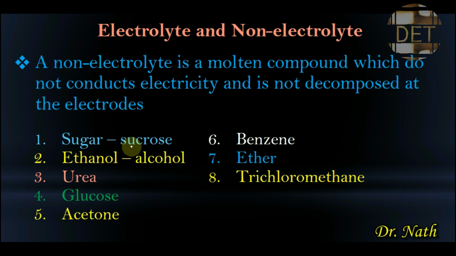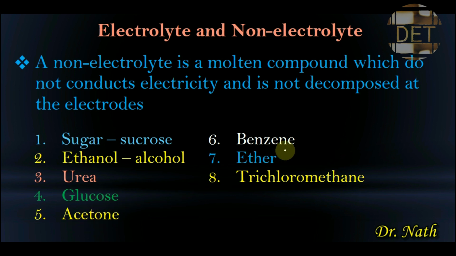Sucrose does not conduct electricity and is not decomposed during the process of electrolysis. Ethanol, which is alcohol, does not conduct electricity in its molten state. Urea is a non-electrolyte, it does not conduct electricity. Glucose is a non-electrolyte, does not conduct electricity and is not decomposed at the electrodes during electrolysis.